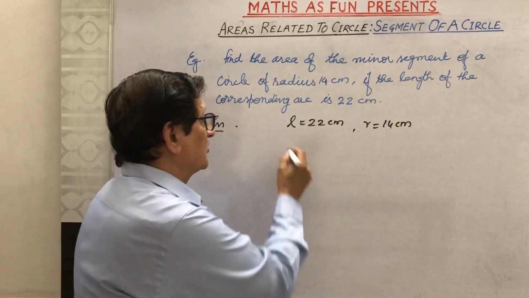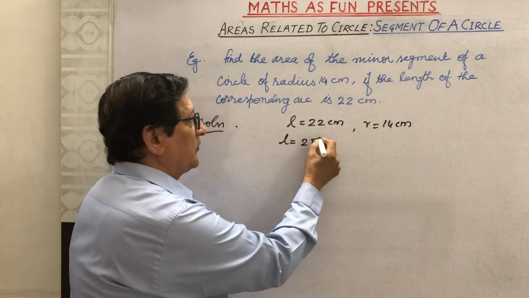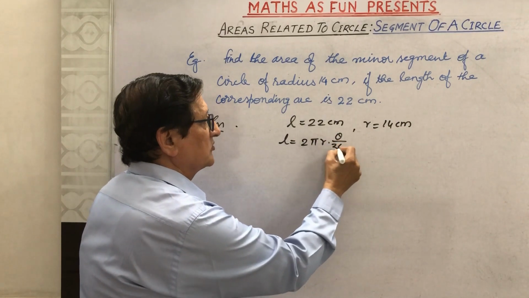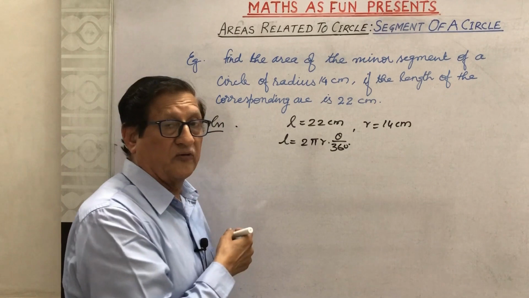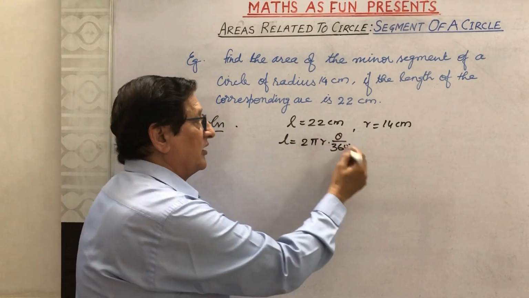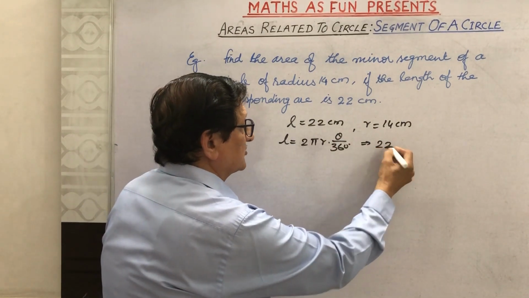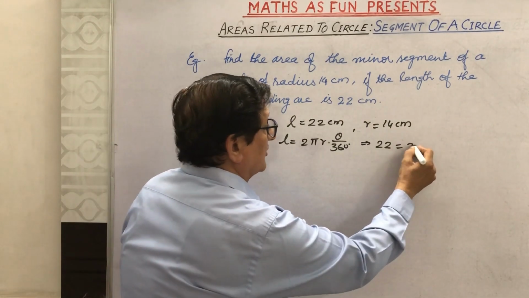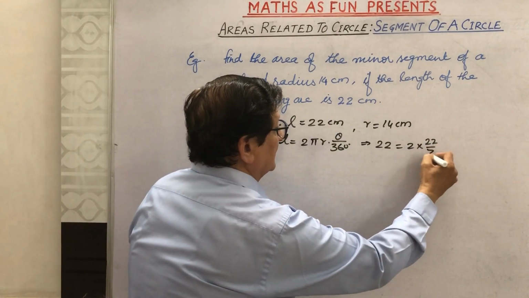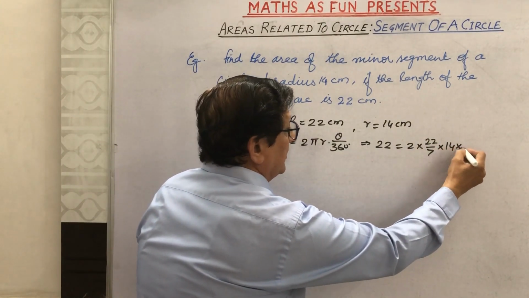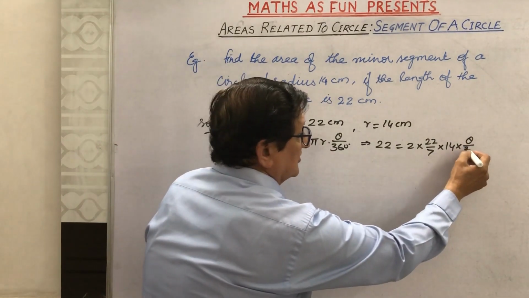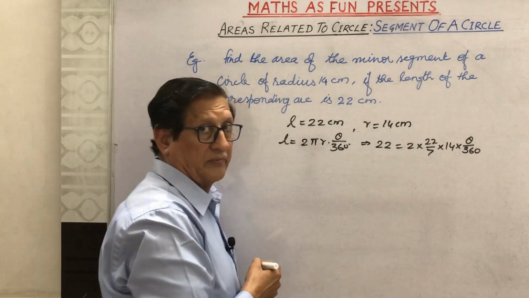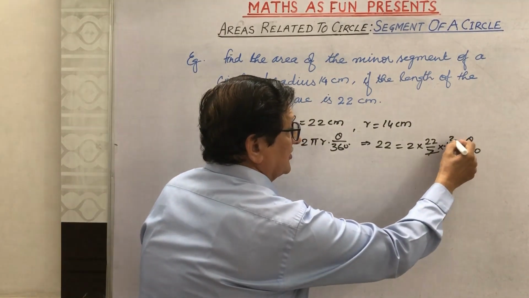We know the formula to find out L, that is 2 pi r into theta upon 360. If we apply this particular formula, the value of L, 22 centimeter, is equal to 2 into 22 by 7, r is 14, into theta, which we have to find out, upon 360. 7 cancels this 14 twice.